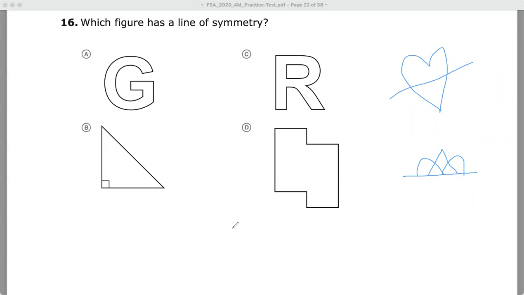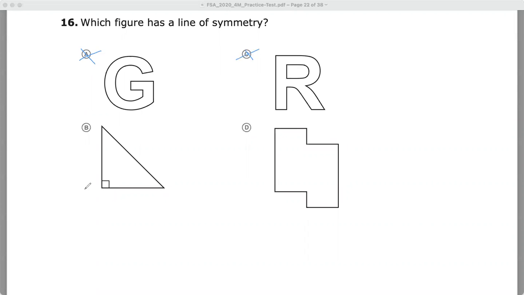So it kind of has to be a mirror image of folding it in half. The letter G would not work, you could not put a line through it anywhere and fold it over. Same thing with the letter R.